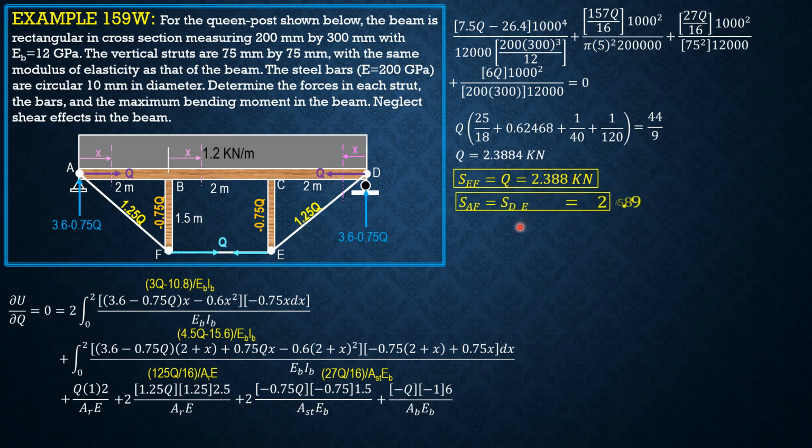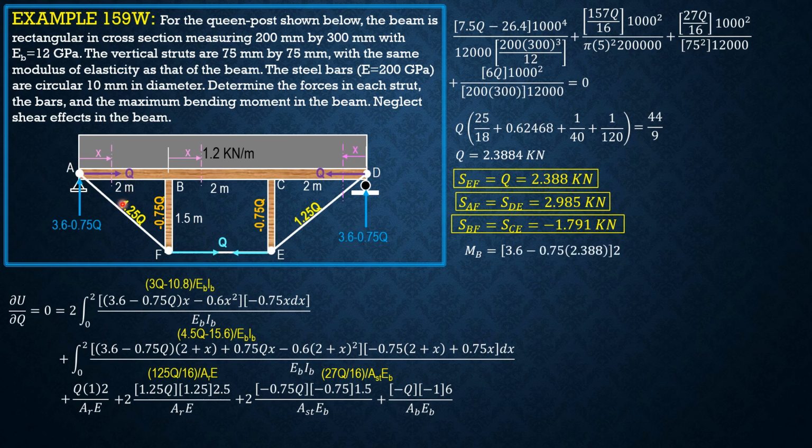Then for AF, 1.25 of Q, so 2.985 kilonewtons, equal to the force in DE also. And for the two struts, BF and CE, because this is negative 0.75 of Q, negative 0.75 of 2.3884, negative 1.791. Then for the beam is just Q, it is also compression.